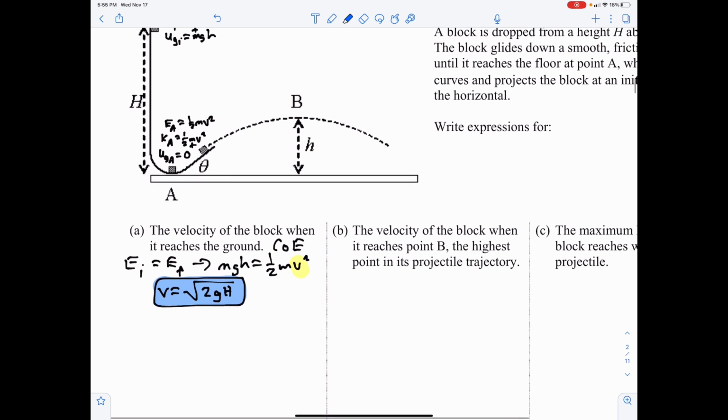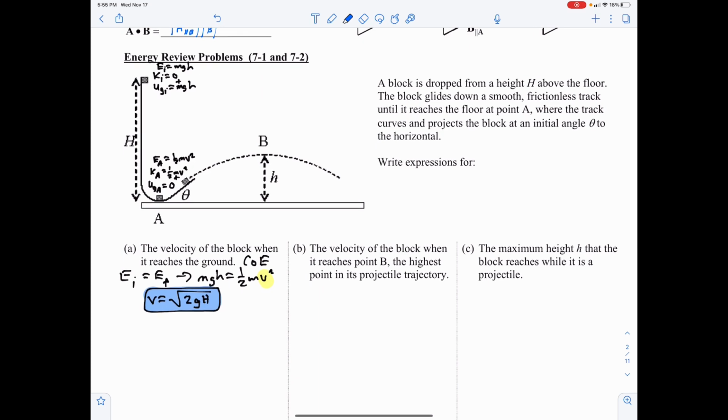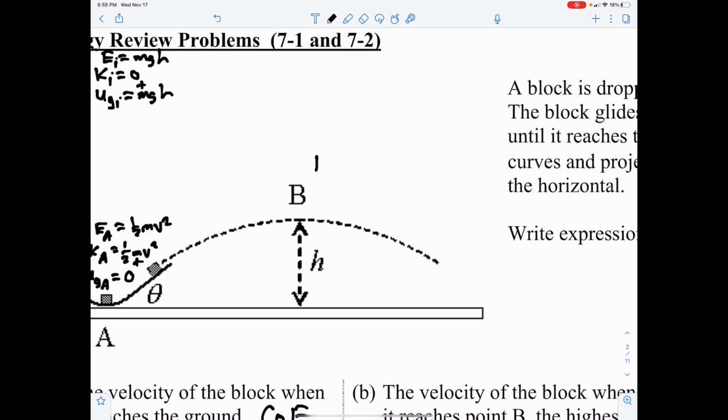Now the velocity when the block reaches the highest point B. Normally I would say if you knew what this height was, you could use conservation of energy again. Because at point B, you do have kinetic energy, 1/2 mv_B squared, and then the potential energy at B would be mgh_B, which means the total energy is the sum of those two.